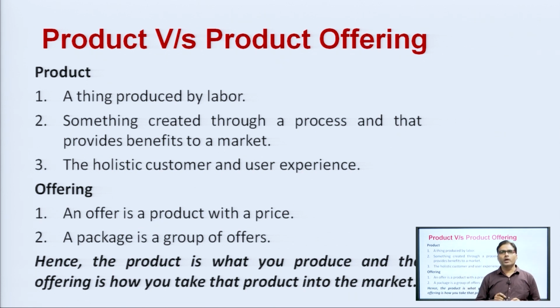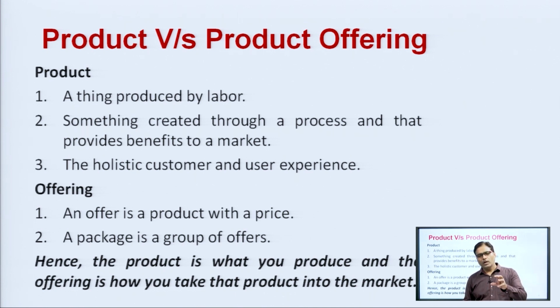The product is the thing that is created by using some efforts, some labor, where the company has to use its manpower, in the factory, in the manufacturing units, and sometimes it requires processes, and it also provides many benefits to the market.